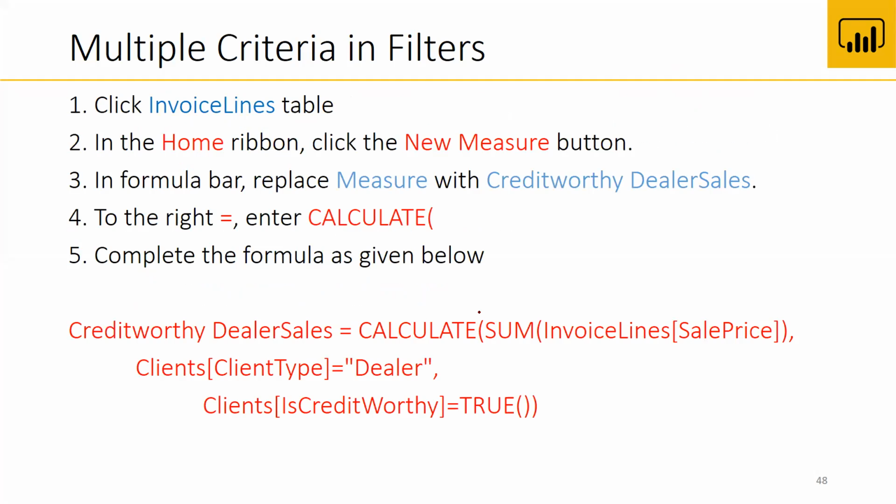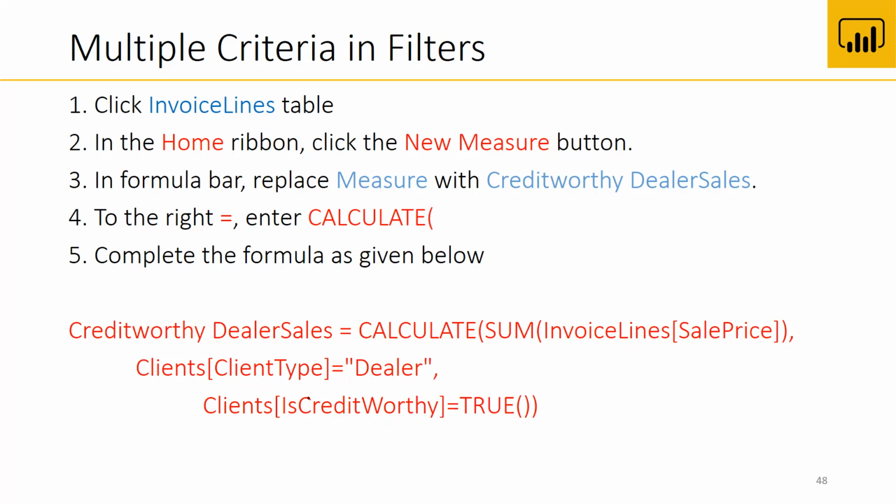So we can see here the CALCULATE function, the SUM, that is the formula to be calculated. SUM of invoice line sale price. But this sum depends on what? The two conditions. Condition number one, client type ID is dealer, and client is credit worthy is equal to true.